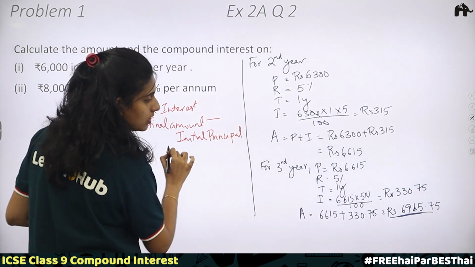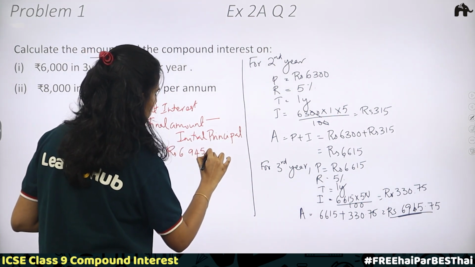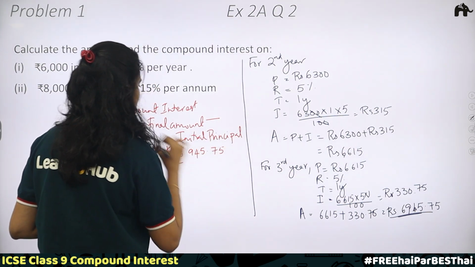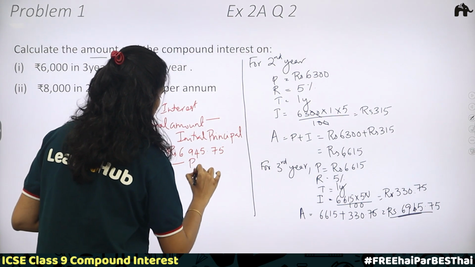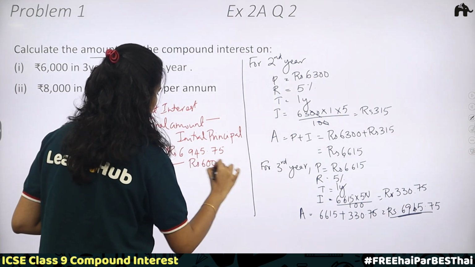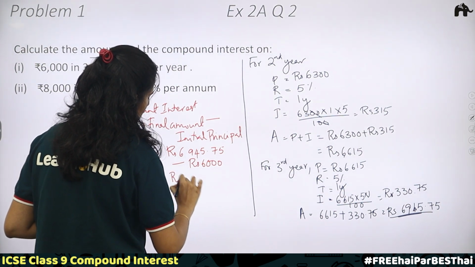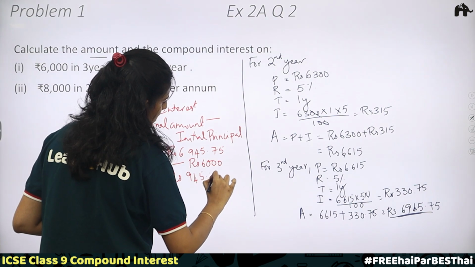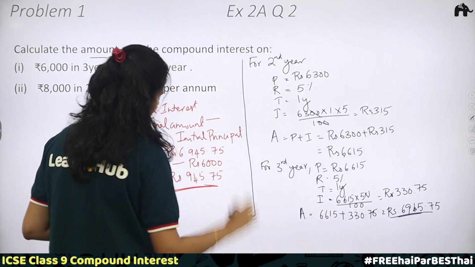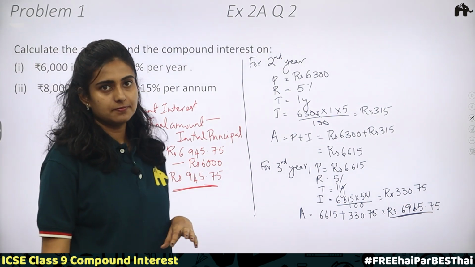Here the final amount is rupees 6,945.75 minus initial principal, rupees 6,000. When you subtract, you will be getting 945.75. Okay. So the compound interest is rupees 945.75.